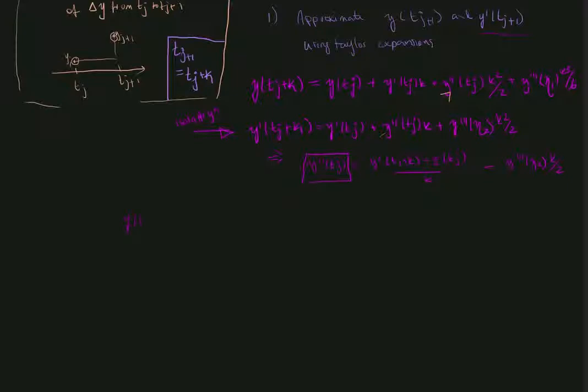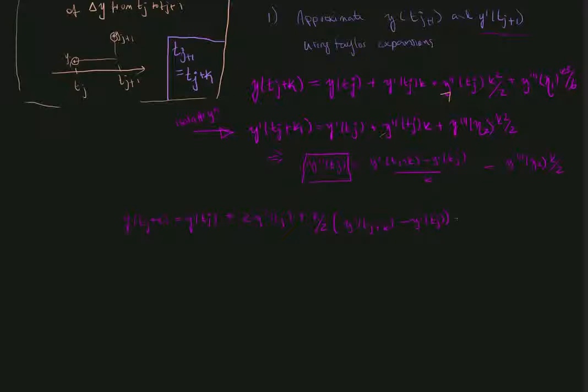So y of tj plus k is equal to y of tj plus y prime of tj times k plus, now I plug this expression in, and I have k squared halves divided by k, that's k halves, multiplied by y prime of tj plus k minus y prime of tj.